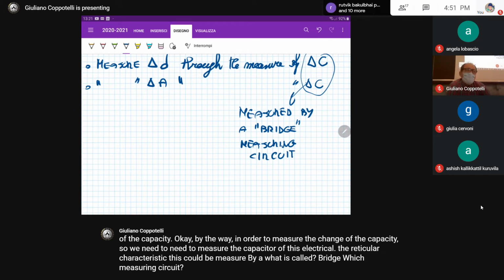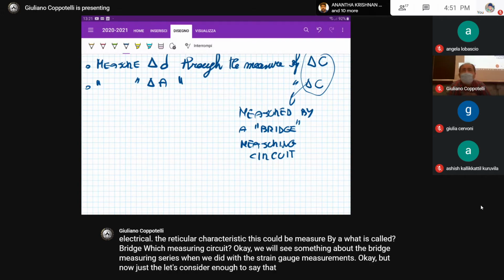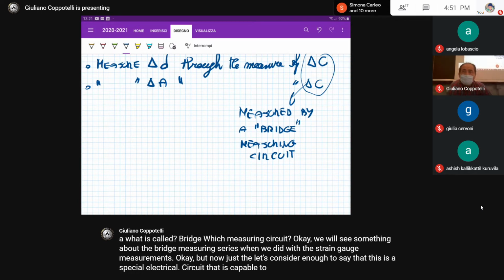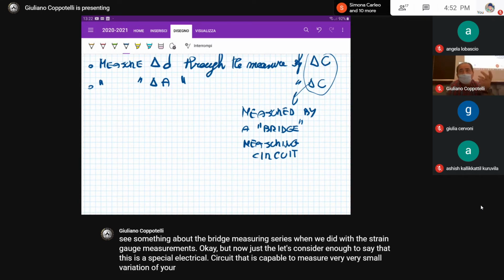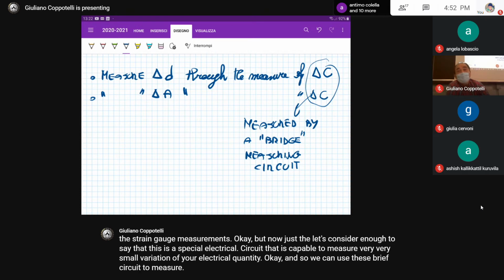Okay, we will see something about the bridge measuring circuit when we deal with the strain gauge measurements. But now let's consider it enough to say that this is a special electrical circuit that is capable of measuring very, very small variation of your electrical quantity. And so we can use this bridge circuit to measure the change of the capacity of your capacitor.